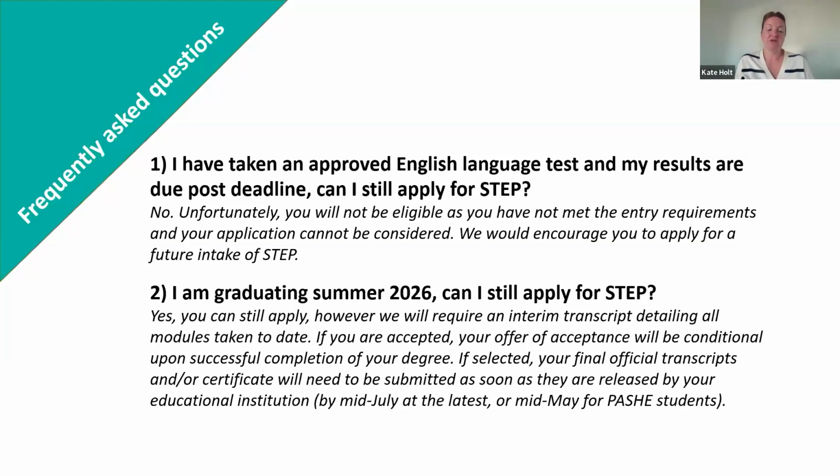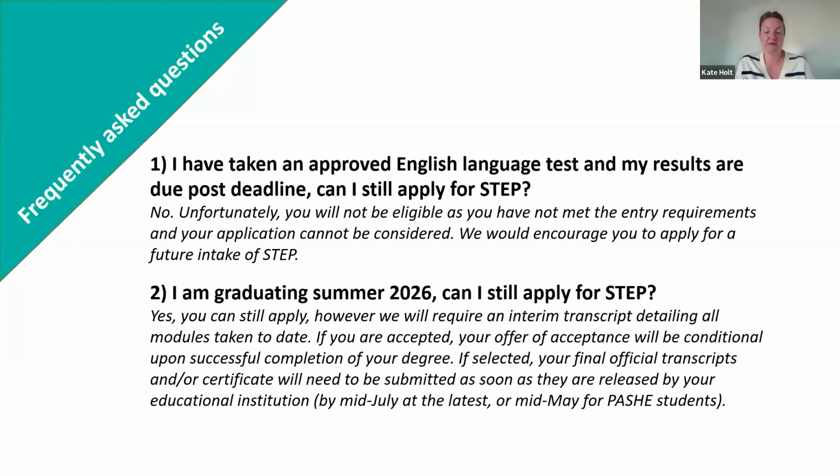I'm graduating in summer 2026. Can I still apply for STEP? Yes. But we will need an interim transcript which details all the modules that you have taken up to the point when you were applying. If you're accepted, your offer will be conditional upon the successful completion of your degree, and you will need to then provide proof of that to us.